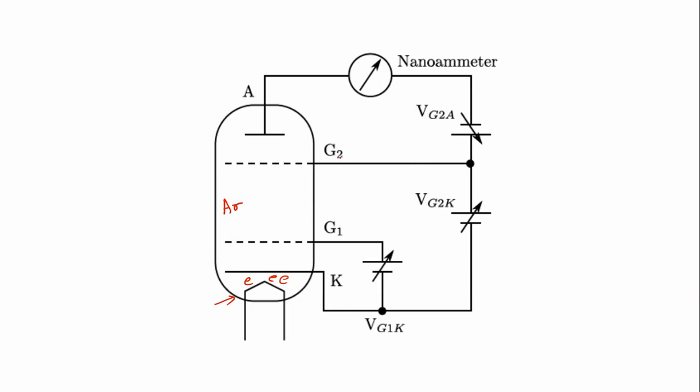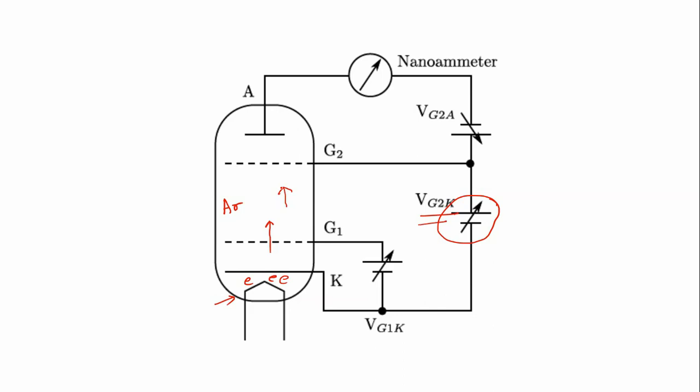Now there is another grid, grid 2, which is kept at a much higher potential. This is the potential with respect to the common and with respect to grid 1. Because of this G2K potential, the electrons gain kinetic energy and are accelerated towards the anode.